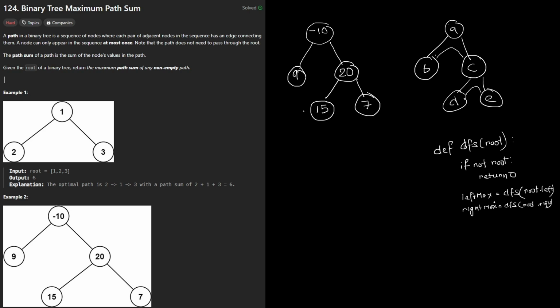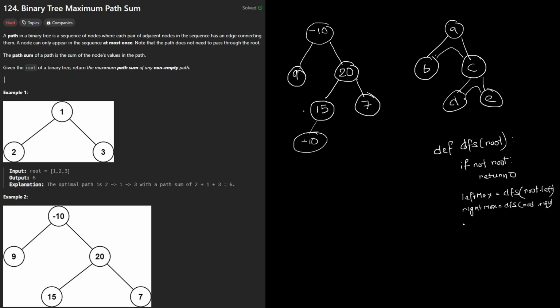Now a question might arise. Let's say we have a value -10. If I include -10 in our total path sum, our path sum is going to get reduced. So it is essential for us not to include it.